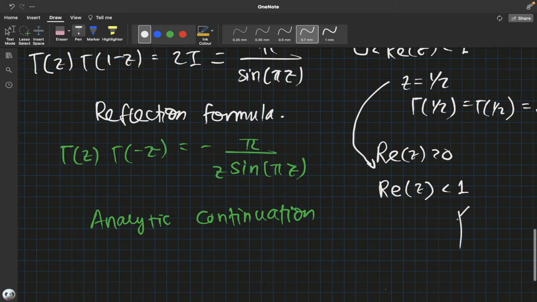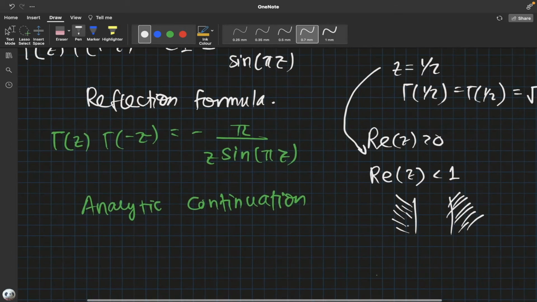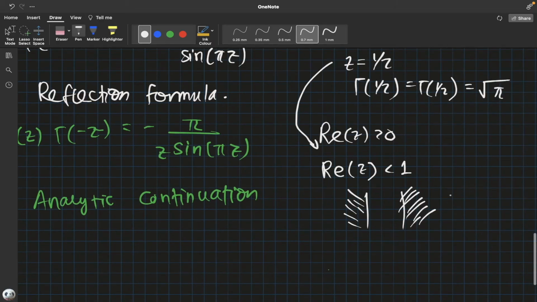This is all of the positive axis. This is all of the negative axis from 1. So since they have a common value of 1/2, or 1 here, they have common values in this region.